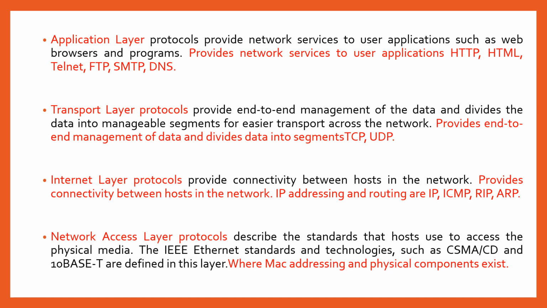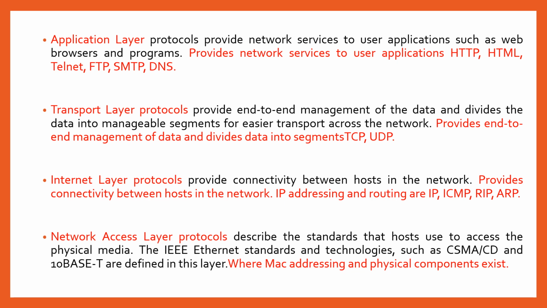The different types of network services that are provided to the user applications are mainly HTTP, that is Hypertext Transfer Protocol. The next one is HTML, that is Hypertext Markup Language. Telnet, FTP, that is File Transfer Protocol.